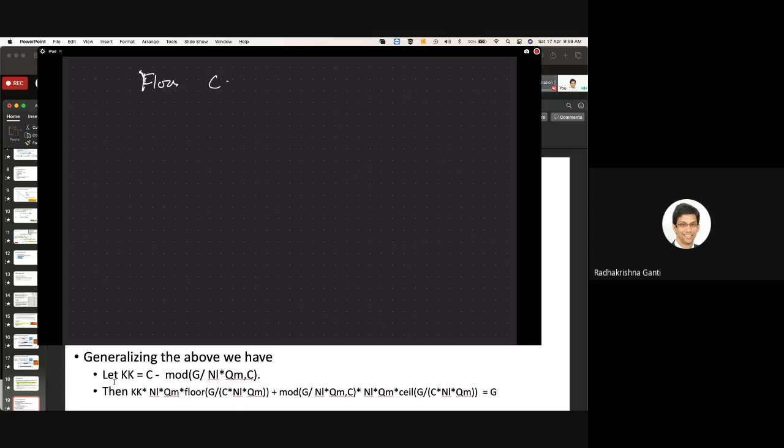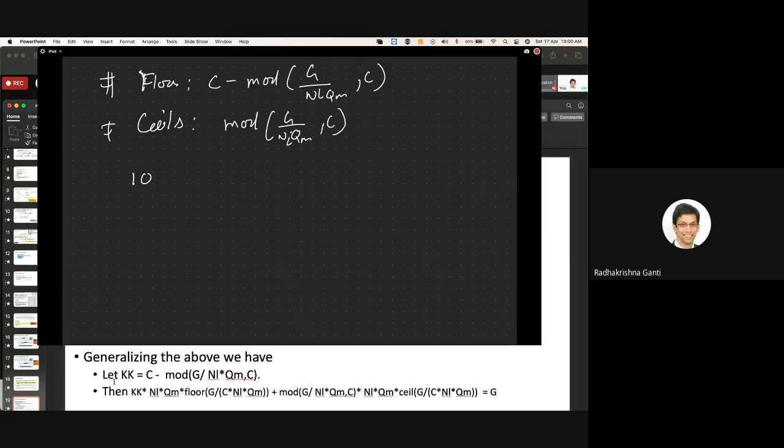It will be C minus mod of G divided by NL into QM, comma C. And the number of ceilings will be mod of G by NL into QM, mod C. So this is exactly like how I said 10. You have 10 bits, you have to divide into 3 parts. So essentially you'll have 10 by 3 plus 10 by 3 plus 10 by 3.